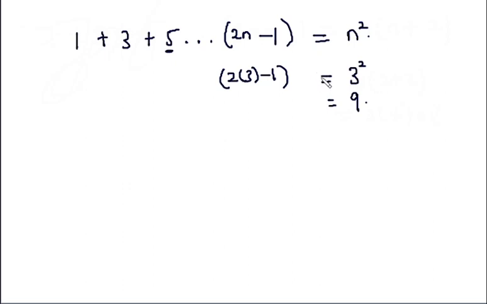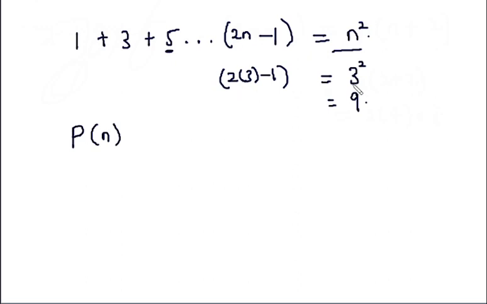So the principle of mathematical induction gives us a way to prove that this statement is true. Normally what you call this statement is P of n. This is a statement formulated in terms of natural numbers.